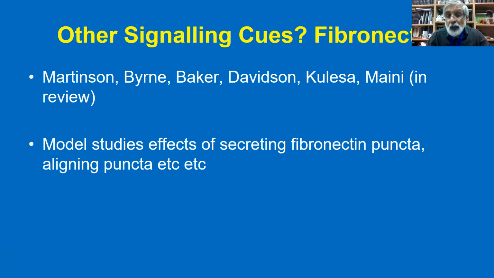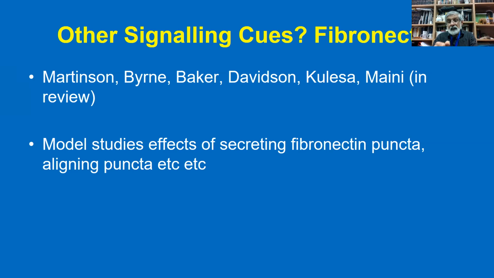Now, in all of this, we've ignored mechanics. And what our biological colleagues told us was that as the cells are moving along, there's something called fibronectin puncta. So these are like little parcels of fibronectin, and fibronectin is something that gives signaling cues to cells.